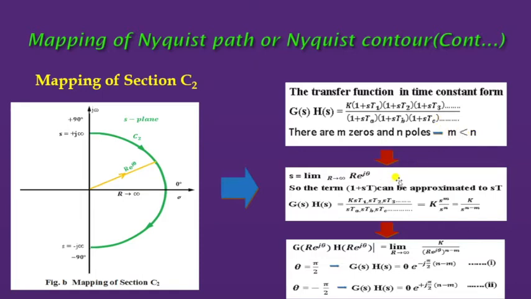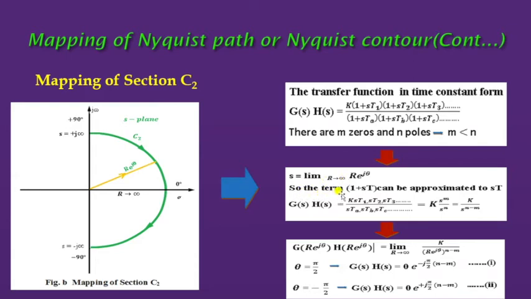For investigating the stability using the Nyquist criterion, the procedure is: put S equal to r e to the power j theta, where the limit r tends to infinity.